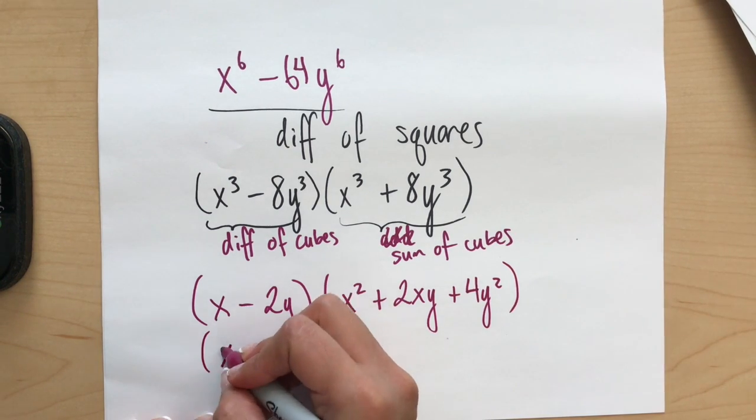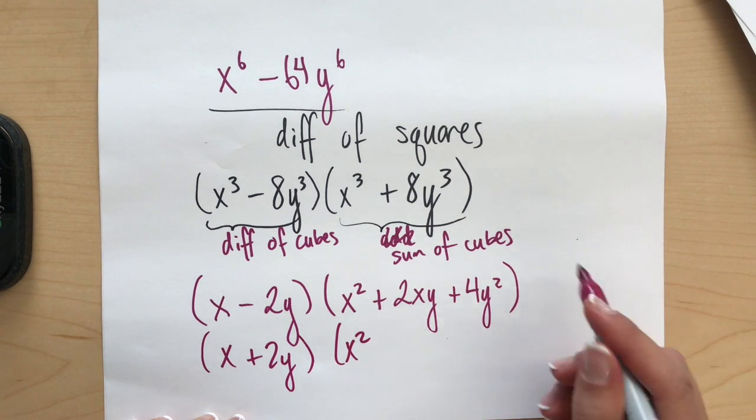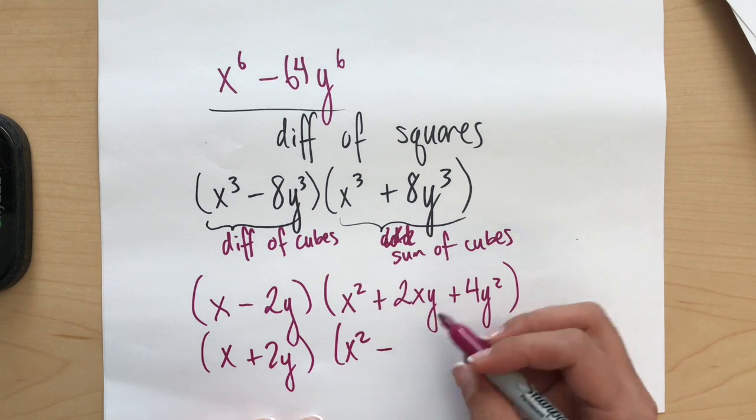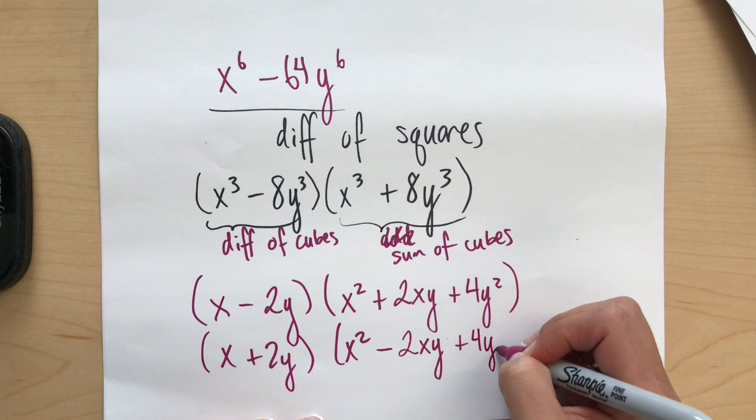Just look up the formulas, you should be able to find them. The second one factors almost the same, except that there's a minus in front of the 2xy, and the first term is x plus 2y.